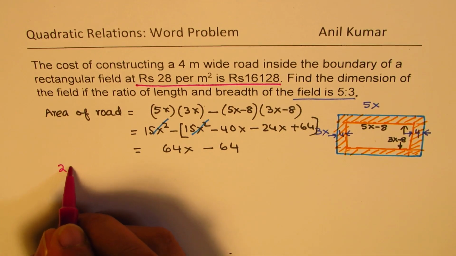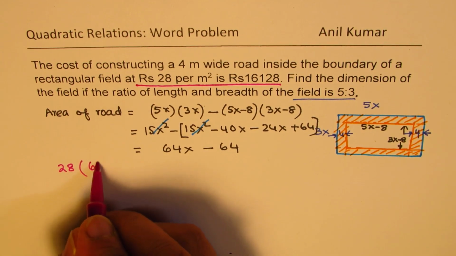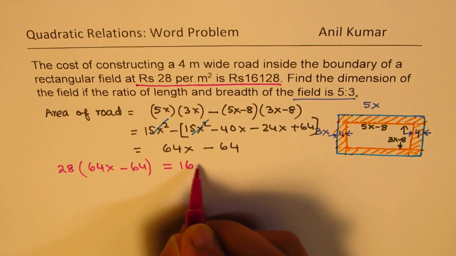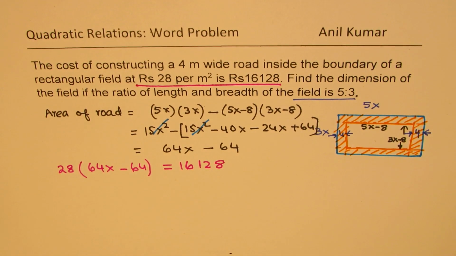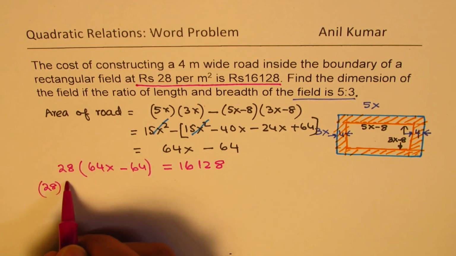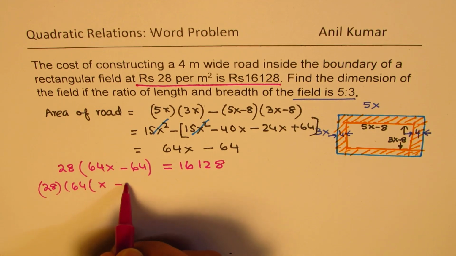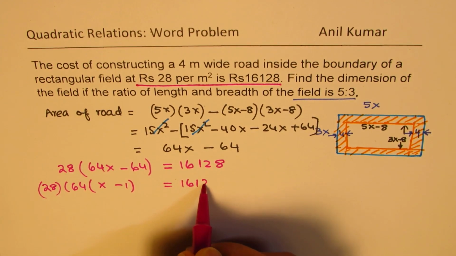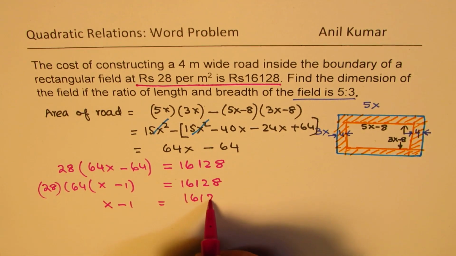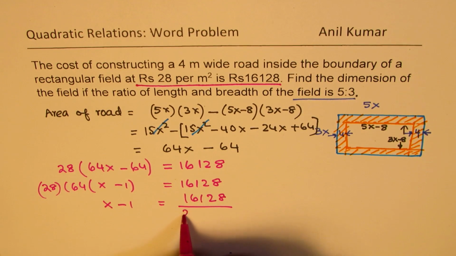So we have 28 times 64x minus 64, that is equal to 16,128, right? So we need to simplify this. Well, we can take 64 common, so we get 28 times 64 times x minus 1 equals 16,128. So we get here x minus 1 equals 16,128 divided by 28 times 64.